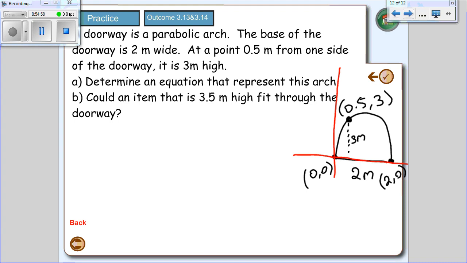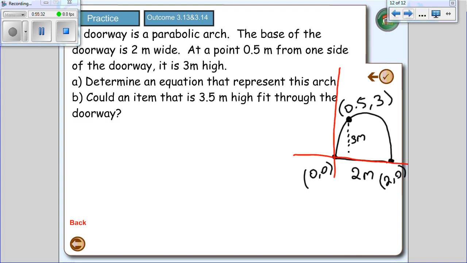Okay, the question is, determine an equation to represent this arc. It doesn't say what type of equation. So if you want to do vertex form, general form, or factored form, anything will work. I'm going to do factored form because I have two x-intercepts, two factors. So y is equal to a times x minus 2, because I have one x-intercept at 2, 0.